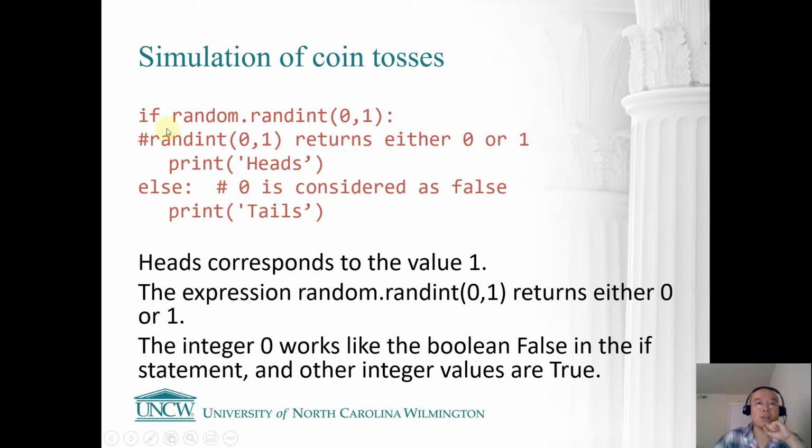So if random.randint gives us a 1, we go to the first branch, we print head. Otherwise, we will go to the else and then print tails. So we are making use of the random.randint, and we are also making use of the trick that all the non-zero values will be evaluated as a true.